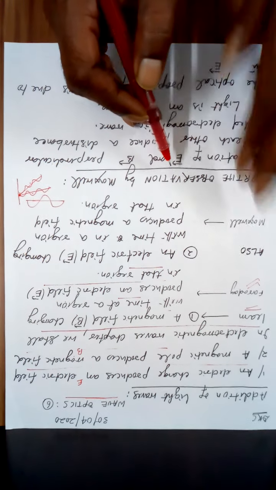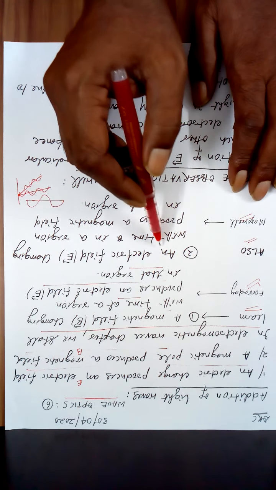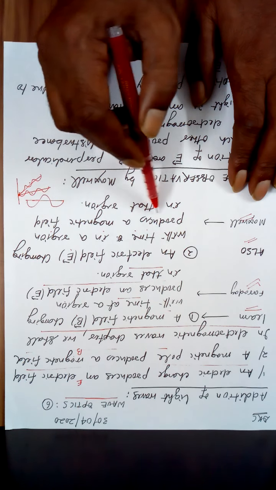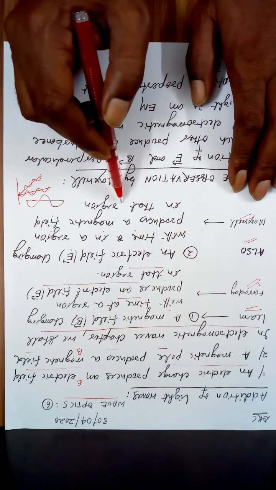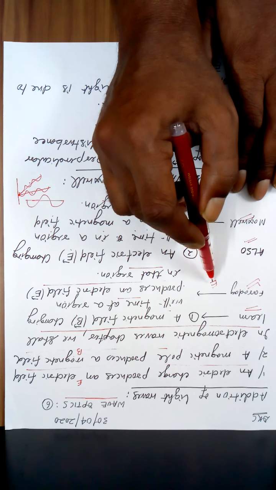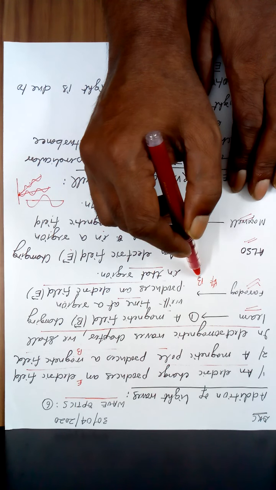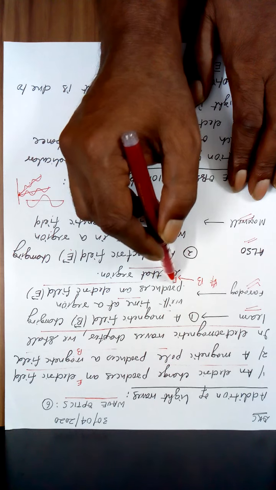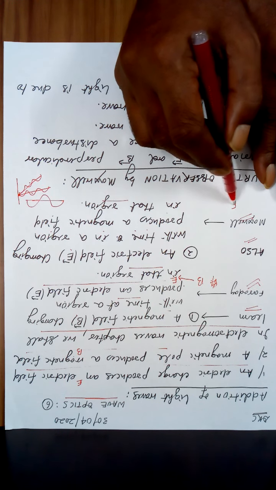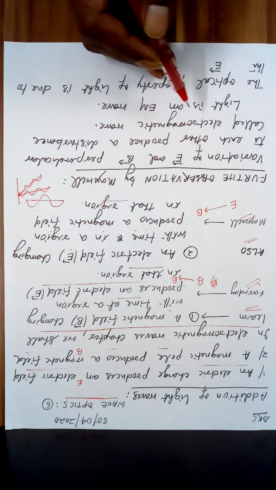And the second observation, by Maxwell, is that an electric field E changing with time in a region produces a magnetic field in that region. Means a magnetic field B changing in time produces an electric field, and here Maxwell's observation is that an electric field E changing with time gives rise to a magnetic field B.